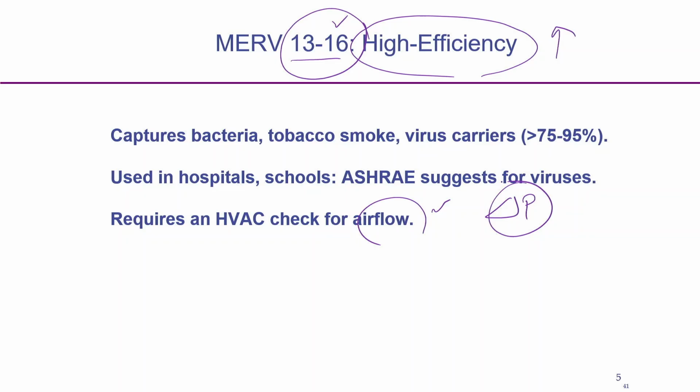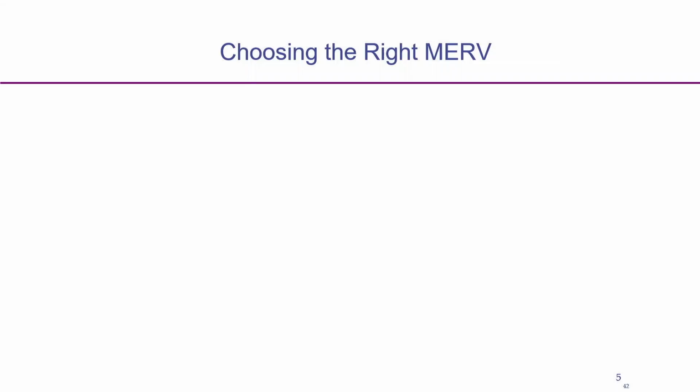Here, if we use 13 to 16, the airflow rate of the system should be low. If the airflow rate is high, then we cannot have a higher MERV rating. So, for that type of filter we have to check what the airflow rate is. If the airflow rate is low, then we can go for MERV rating 13 to 16.